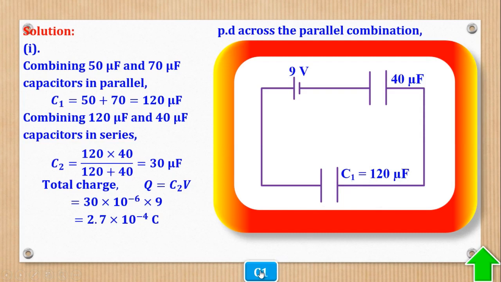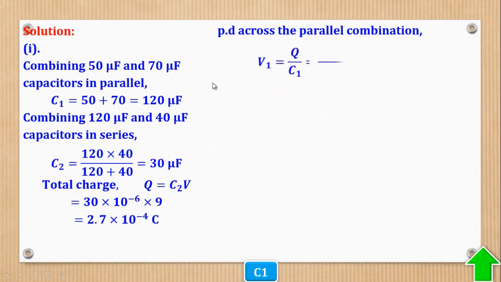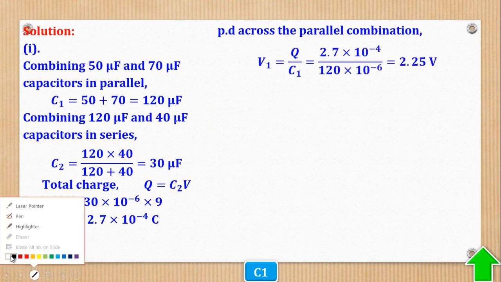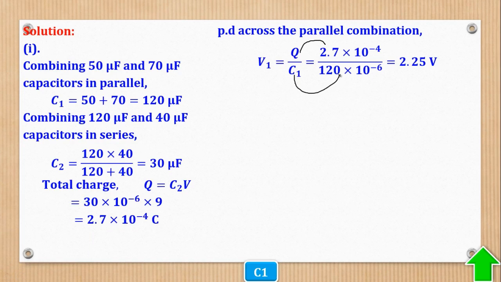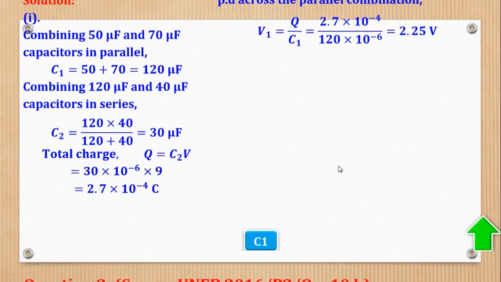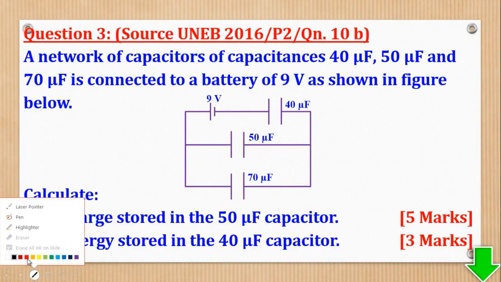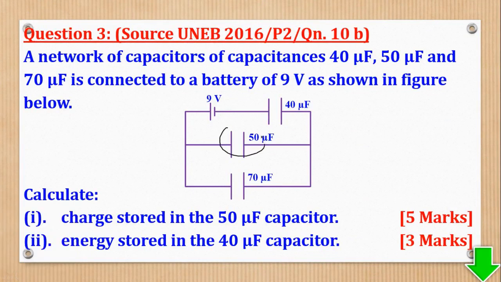So PD across that will be total charge over the capacitance for the parallel combination, which we got here, to give you the PD across the parallel combination as that. So now that means the PD across this is 2.25, also the PD across this is 2.25.